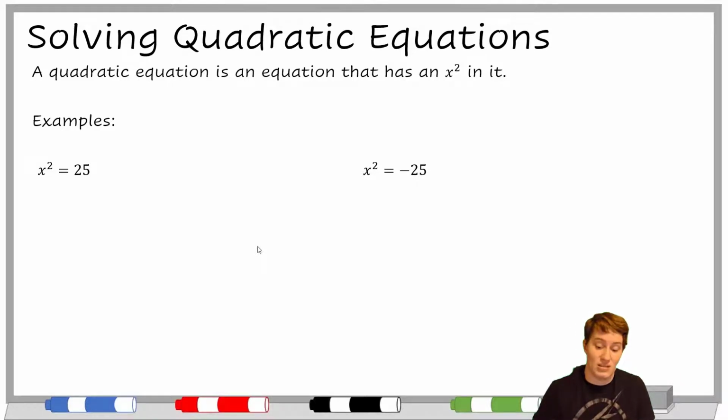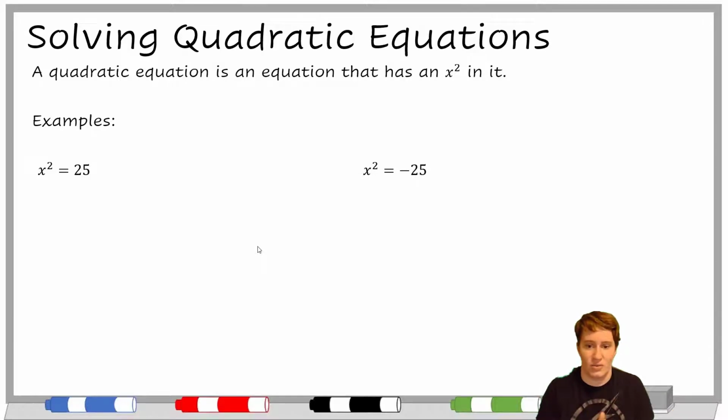This is one of the reasons why we bothered to name these things, because you can say similar things about all quadratic equations. As a group, they do certain things, and that's one of the things we'll be exploring over the next few lessons. So if we see an x squared in an equation and that's the highest power, and there's not anything else in it that's weird, like you couldn't also have a square root of x or a fraction with an x on the bottom or other weird stuff.